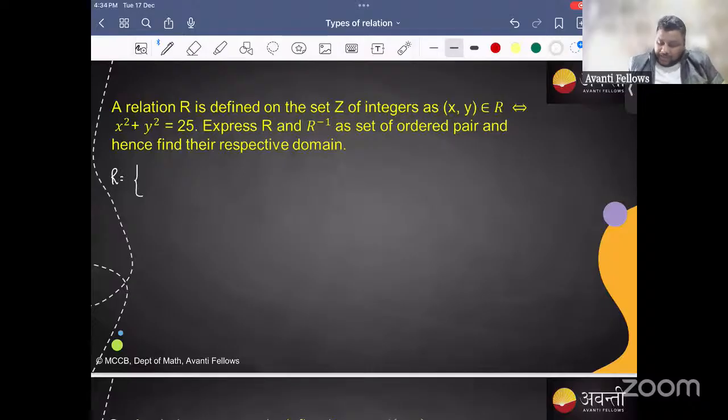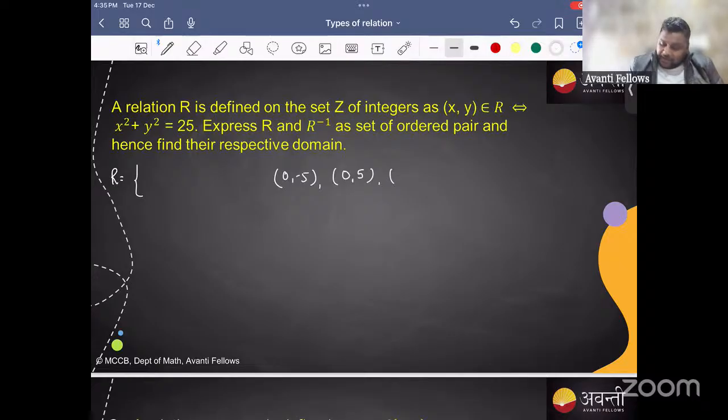Now if the value of x is 0, the value of y will be 5 or minus 5. Am I clear? Now if the value of x is 1, the value of y is not going to be an integer because the square root of 24 is not an integer. So the value of x won't be 1. Now the value of x is 2, no. The value of x is 3.